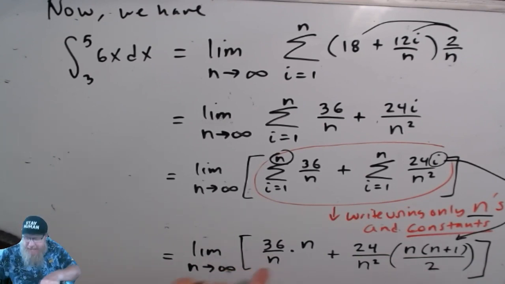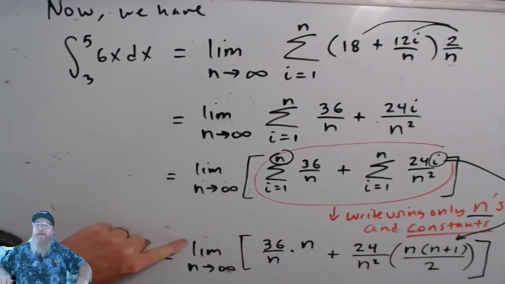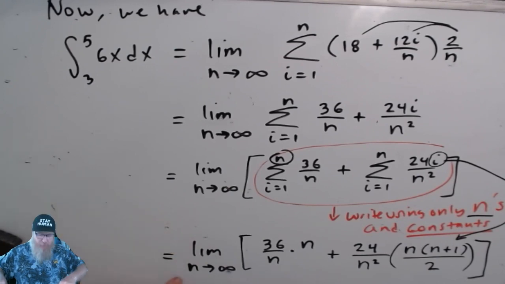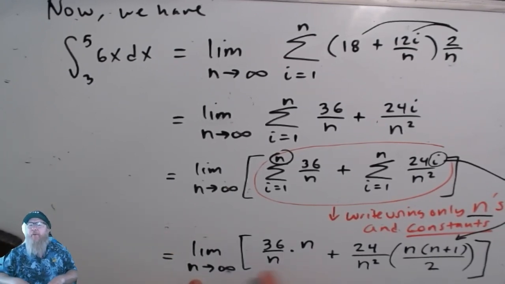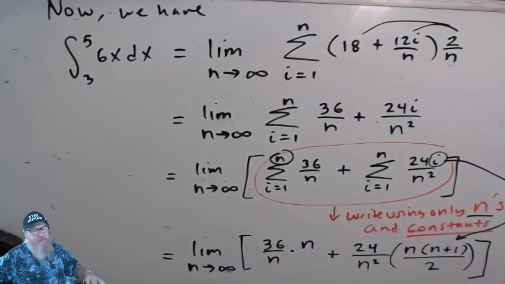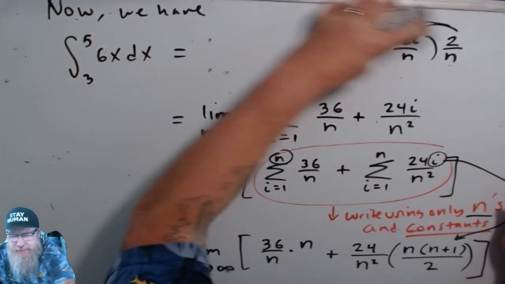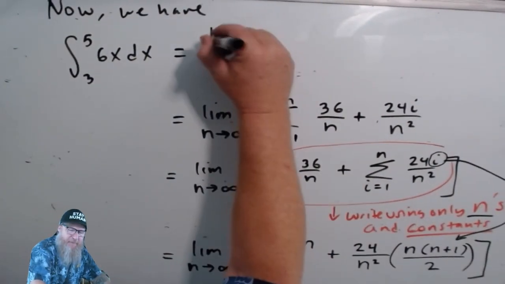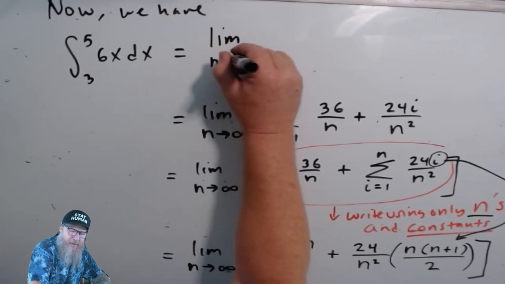All right. If there are any more i's in this, then you have not done it correctly, right? Just like a limit from chapter 1, there can only be one variable, at least at this level of calculus. So now we have the limit as n goes to infinity.